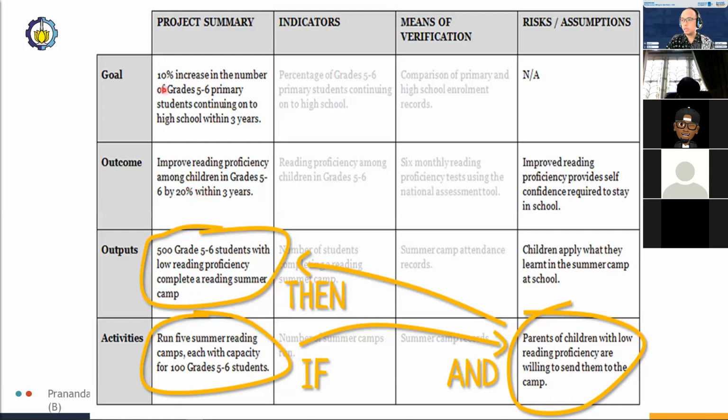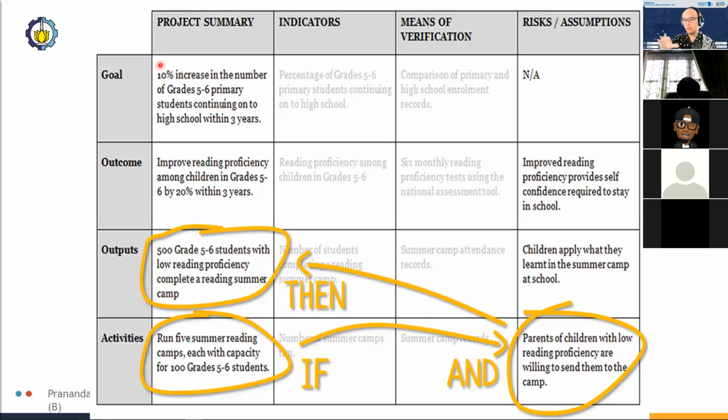And then the ultimate goal of this outcome is a 10% increase in the number of grades 5 to 6 primary students that will be continuing to high school within 3 years.